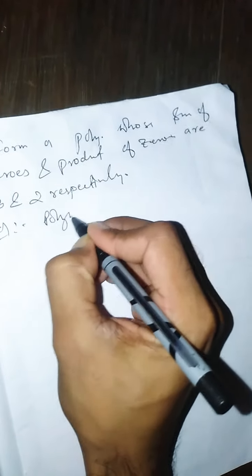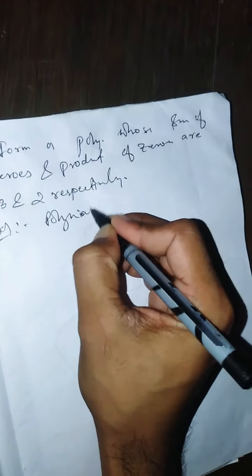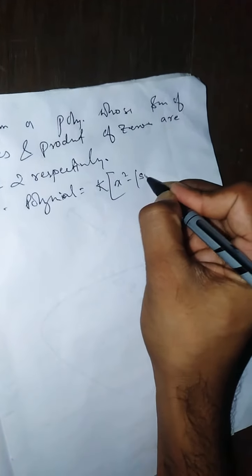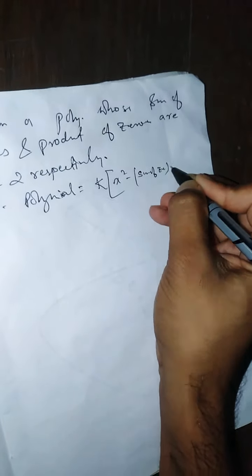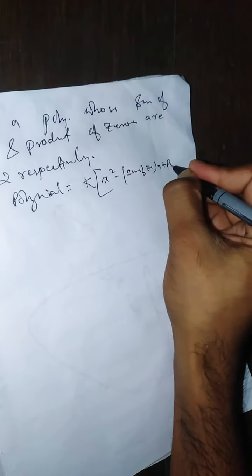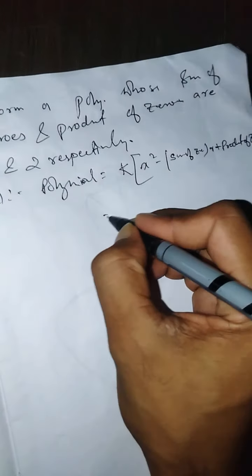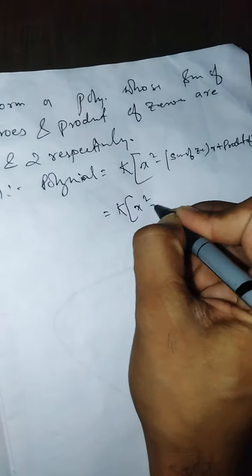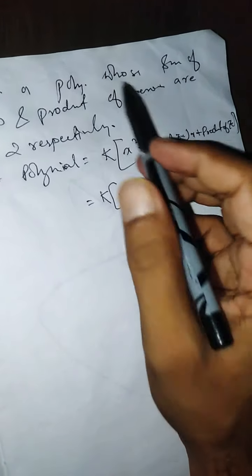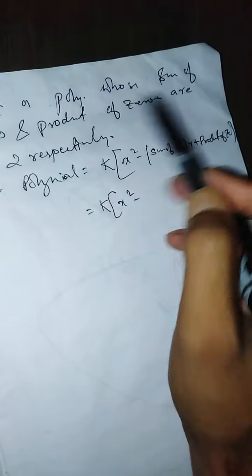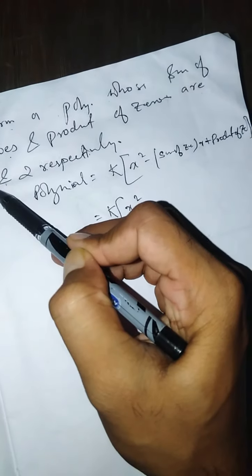So you have to form the polynomial. The formula is: polynomial equals k times (x square minus (sum of zeros) into x plus product of zeros). So we'll put the values here. Sum of zeros is given in the question: it is 3.